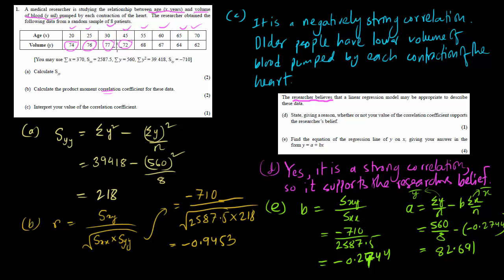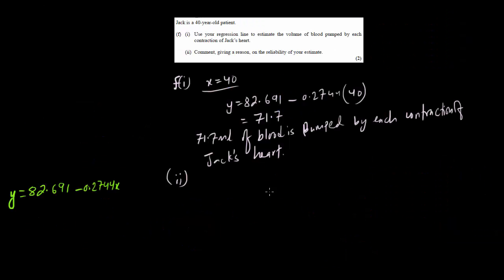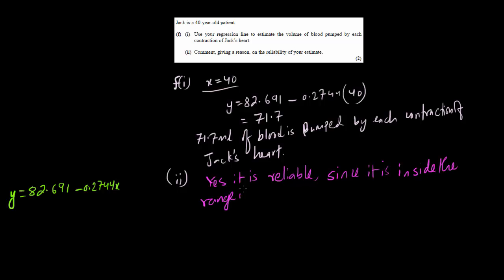So 71 is close to the values of the volume of blood that we have in this table. So it is reliable. So we can write, yes, it is reliable since it is inside the range of the dataset.